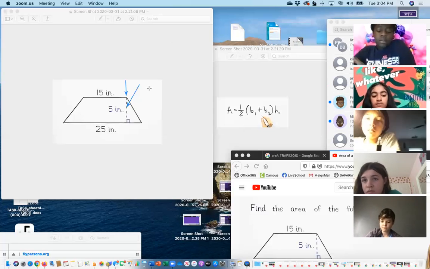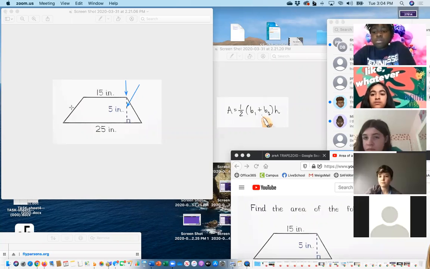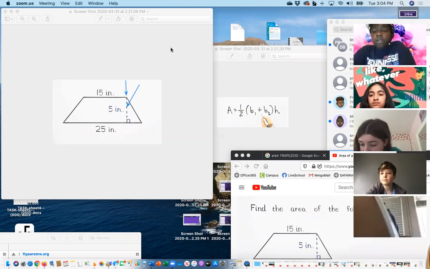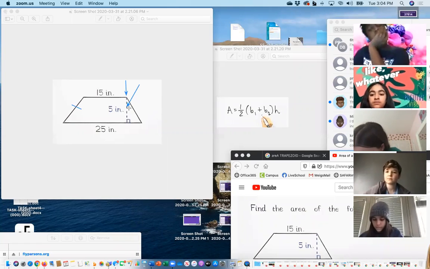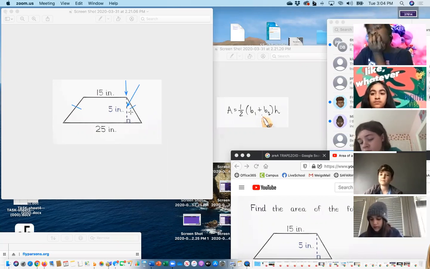Okay. So look here. This slant here is not the same as this. Can you tell that? Yes. In other words, so let me draw something on here. So this is not congruent to the other one. Do you see that?